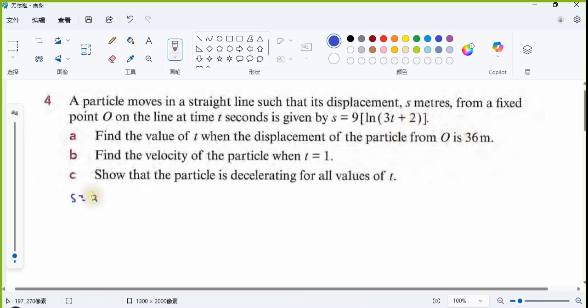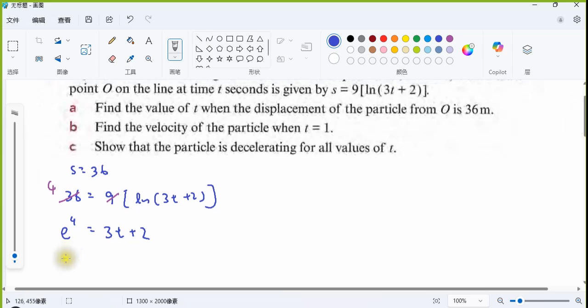So when s equal to 36, we have 36 equal to 9 times ln(3t plus 2). So ln equals 4, then e to the power 4 is 3t plus 2. Then we can write t as e to the power 4 minus 2, over 3.